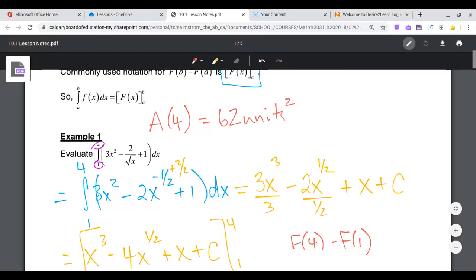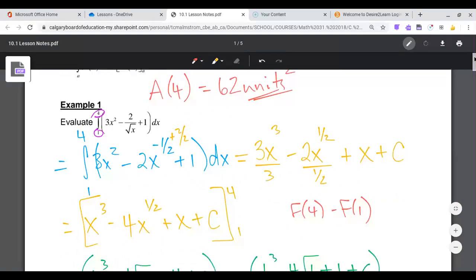That's what would happen. But this was not asked as an area question. This was just asked as a calculation of a definite integral. So you'll have to be careful to figure out, is this an area question? Should I have units? Or is it just a plain old calculation of a definite integral?